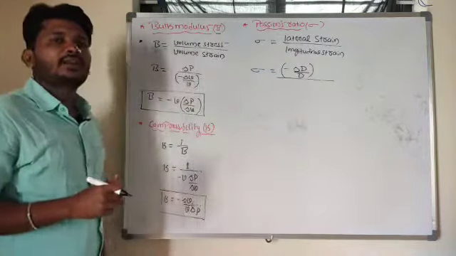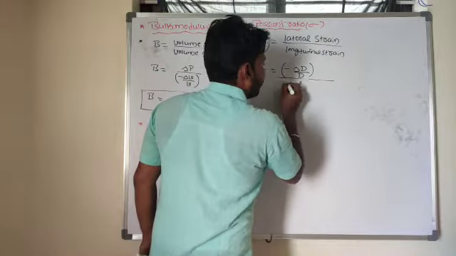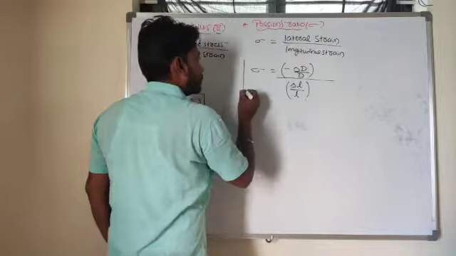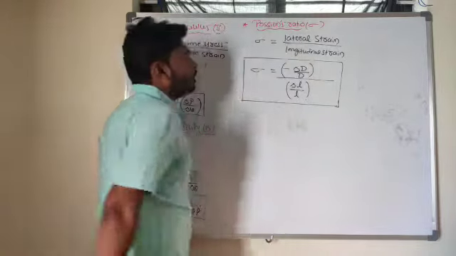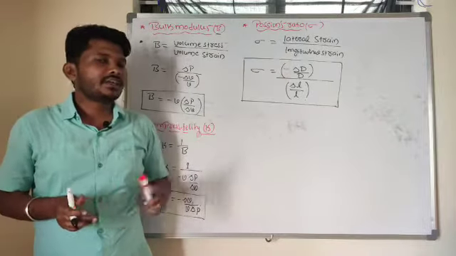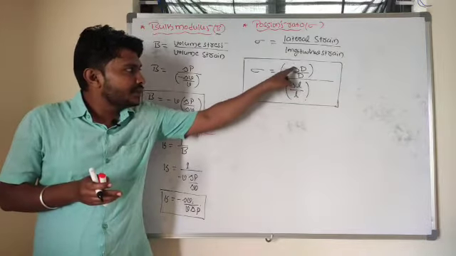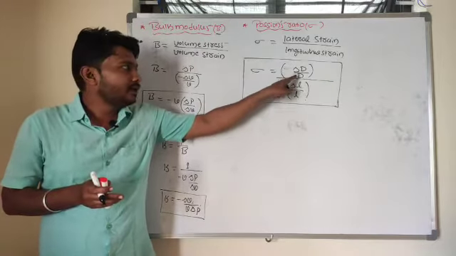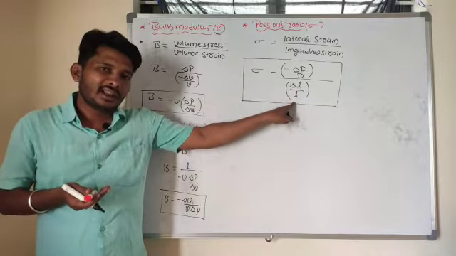Longitudinal strain is the change in length to the original length. This is about Poisson's ratio: the ratio of change in diameter to original diameter, divided by change in length to original length.